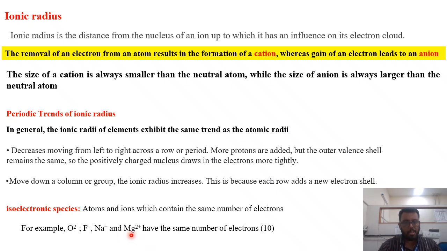Magnesium, 2 electrons have been removed. Atomic number is 12, so 12 minus 2, 10. It can vary, but all of them have the same number of electrons. For example, 12 here, 2 plus means 2 electrons are removed, so magnesium has 10 electrons, next to sodium, right?